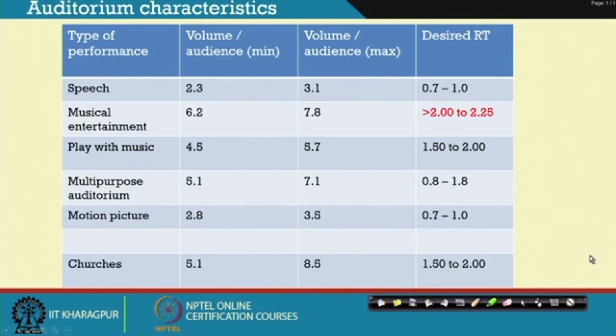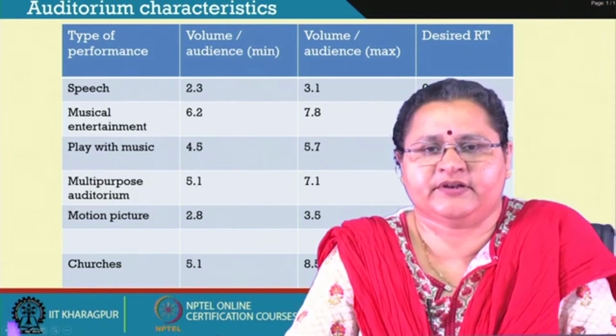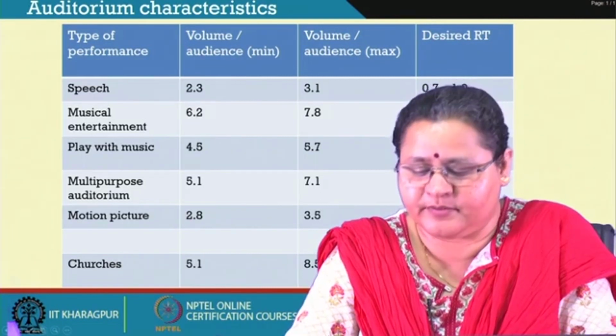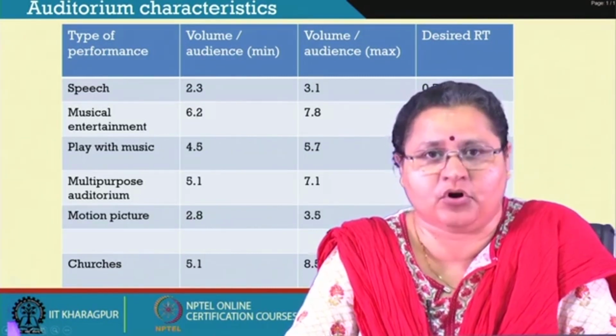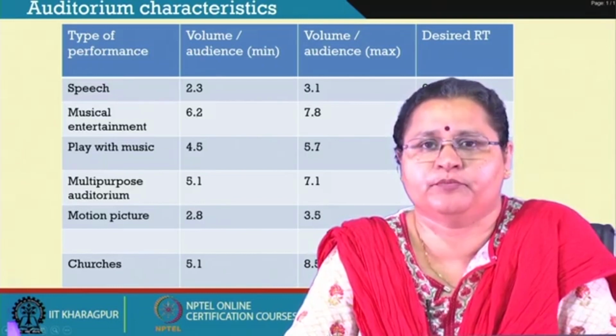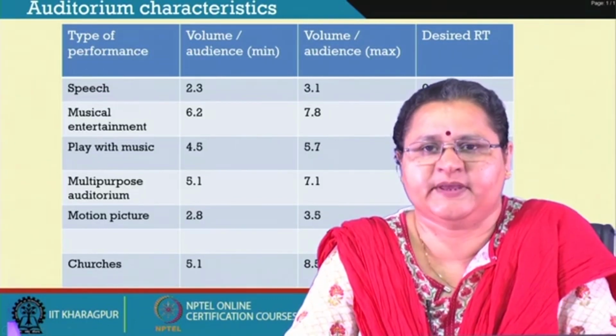I have also put churches as a reference, so that you can think of the first introductory lecture which had so many religious chants, and the reverberation time was also quite long, and as well as the volume per audience was also very big.